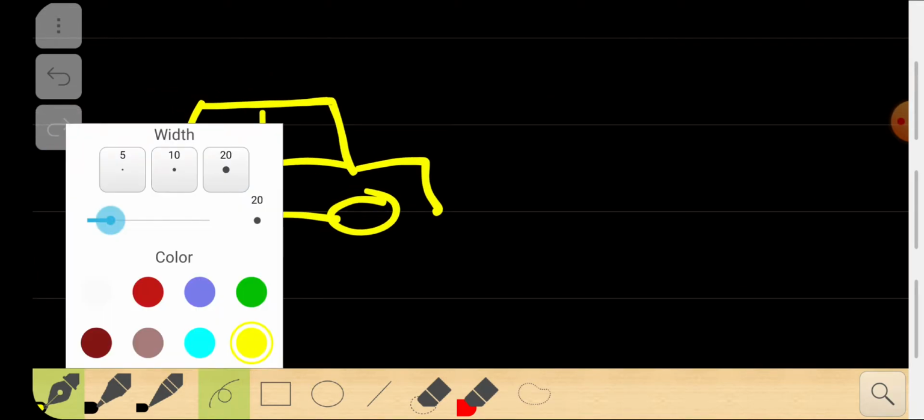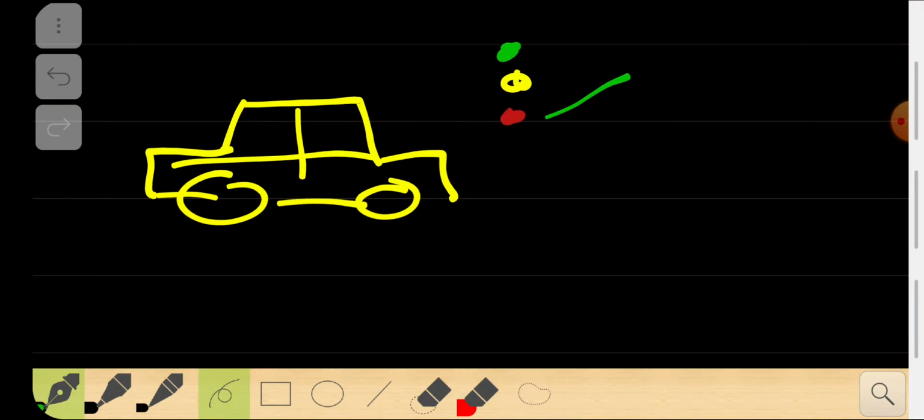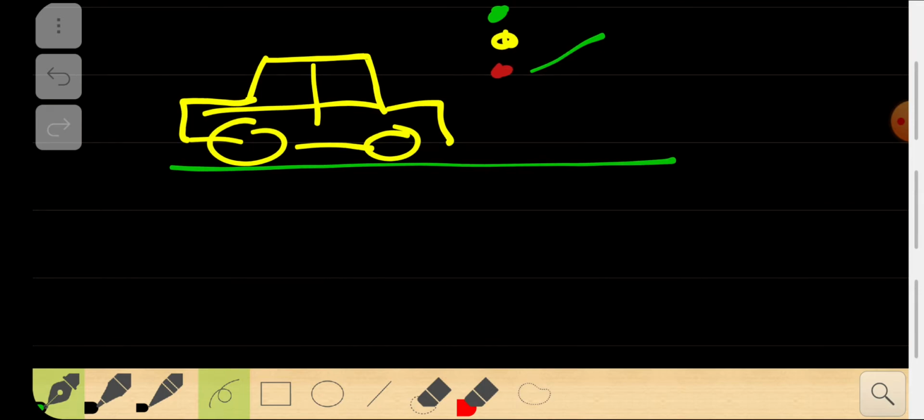There is a yellow light here, a red light here, and a green light. It could be reversed anyway. You are currently at a red light, and you have to wait for it to turn green, and only then can you move. So you are at rest now, waiting for the light to turn.